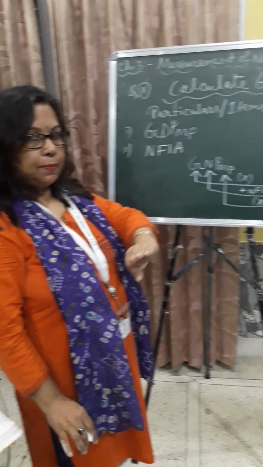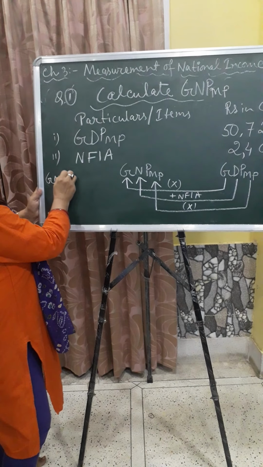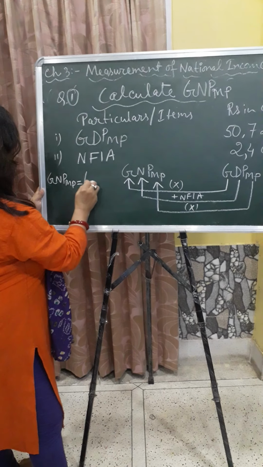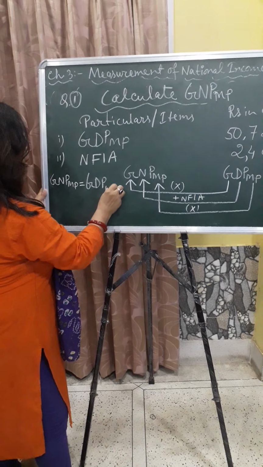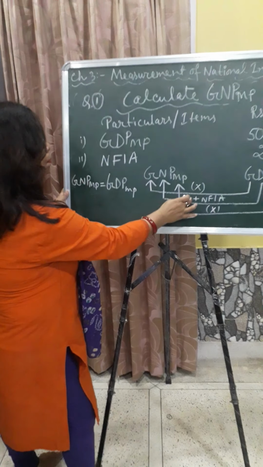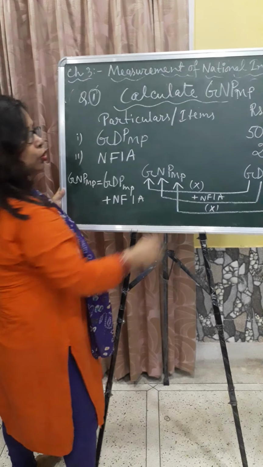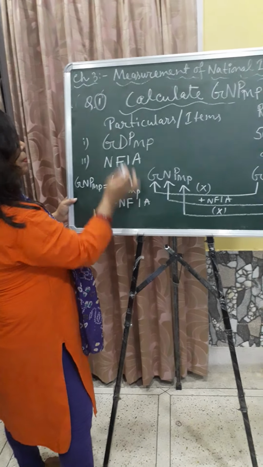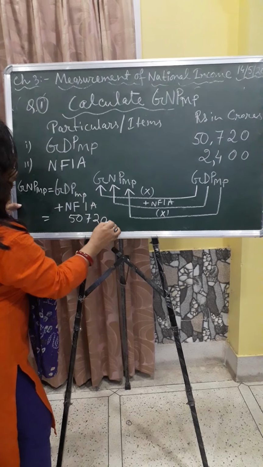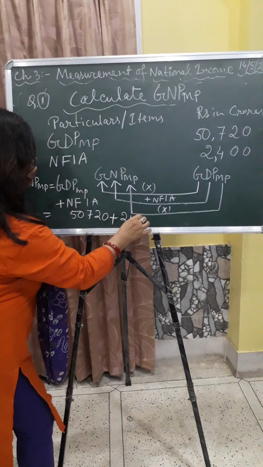Now the next step, you have to calculate. GNPMP equals GDPMP, cross nothing, plus NFIA. Now you write the value of GDPMP, 5720, plus NFIA, net factor income from abroad, 2400.